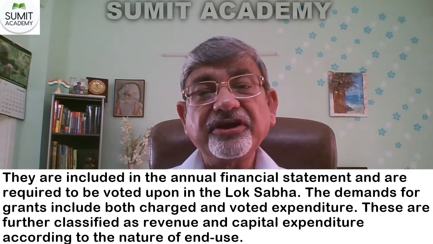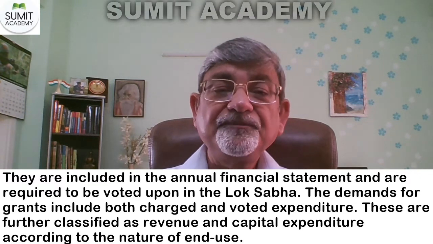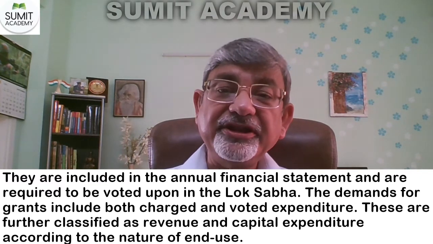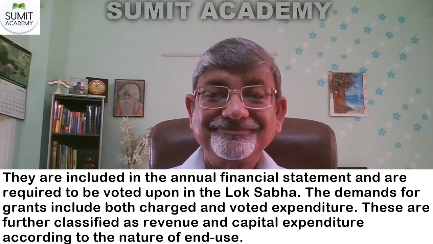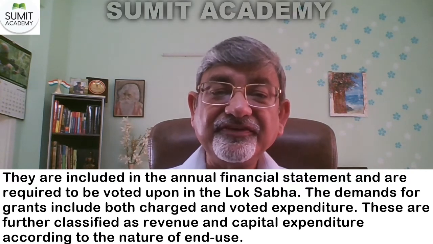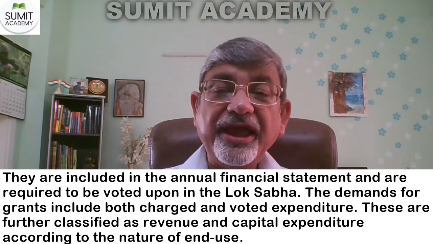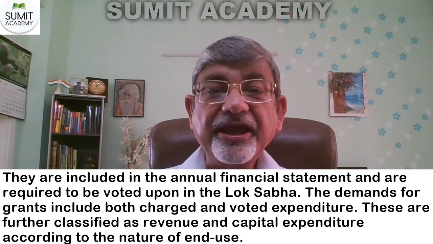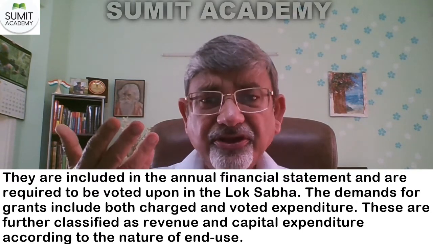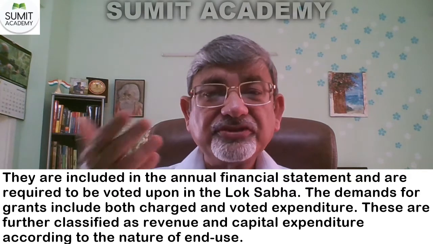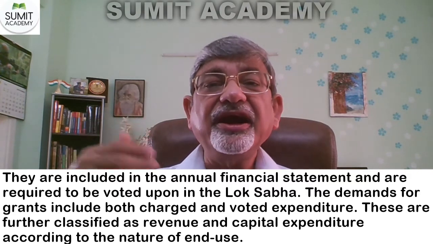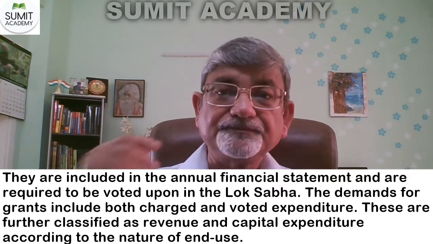The demands for grants include both charged and voted expenditure. These are further classified as revenue and capital expenditure according to the nature of end use, that is the use on which it will ultimately be put to.